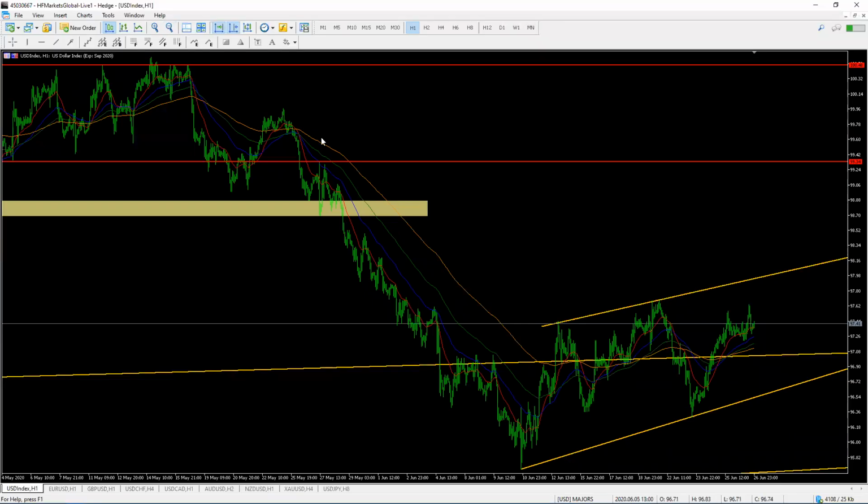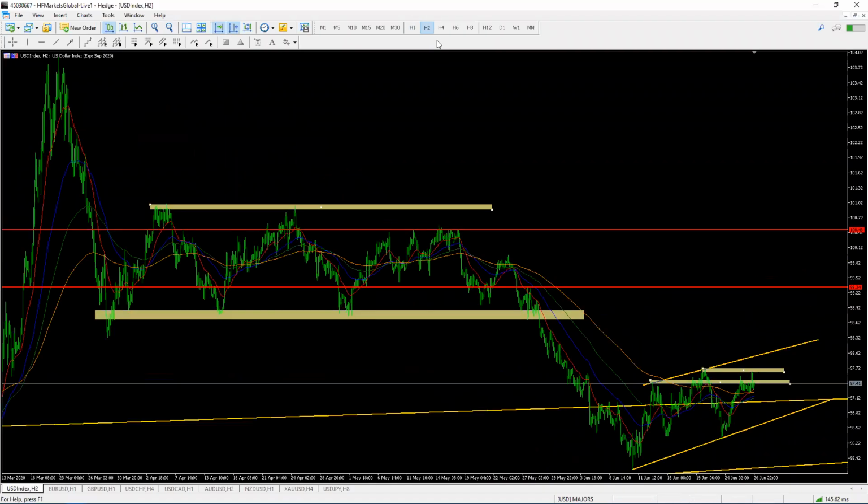Okay, so for 1 hour we need to begin on this point, previous high. Okay, then the other point you need to know, to look out for, is this point. Okay, so yeah, so we have something of the sort.